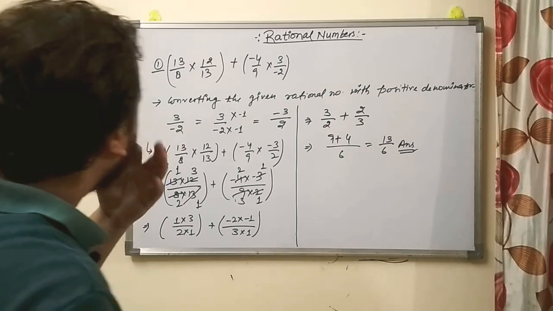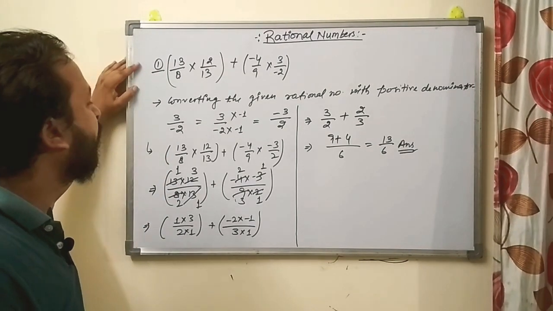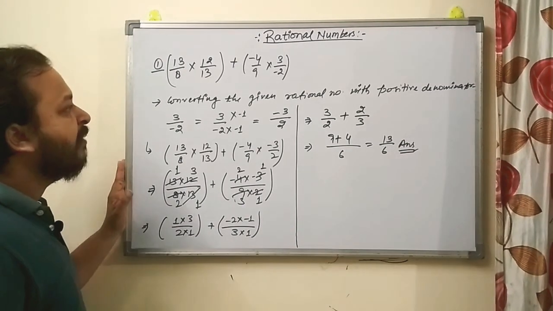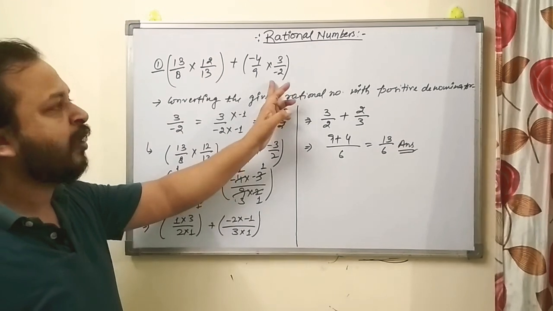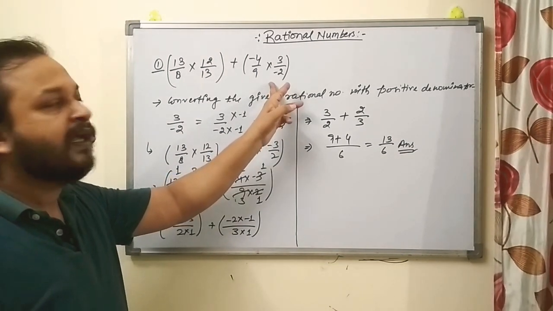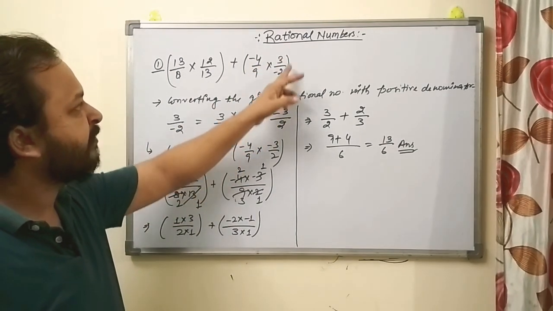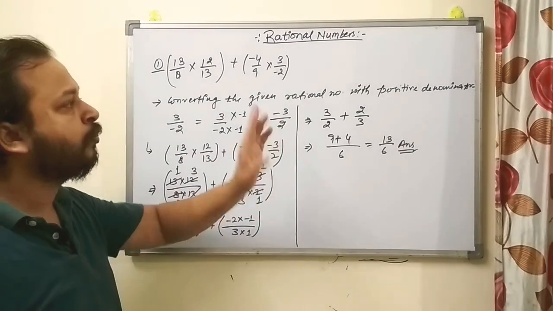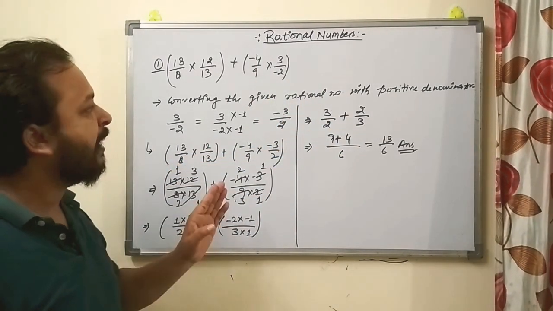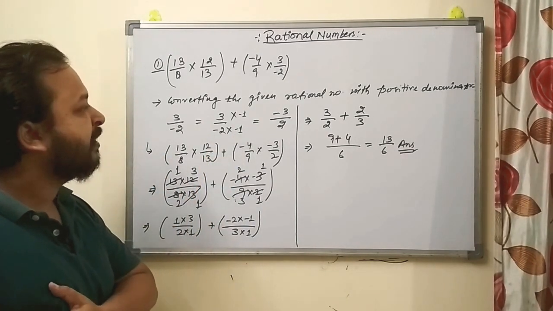So while solving a simplification problem or any other problem related to rational numbers, if any rational number is given with a negative denominator, the first thing you have to do is convert it to a rational number with a positive denominator, by multiplying by minus 1 in both numerator and denominator.